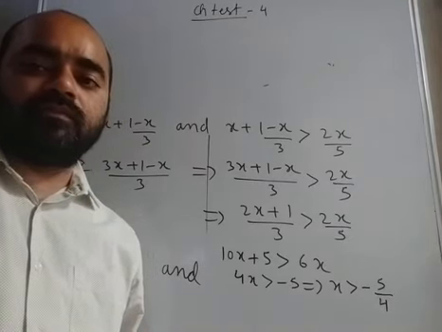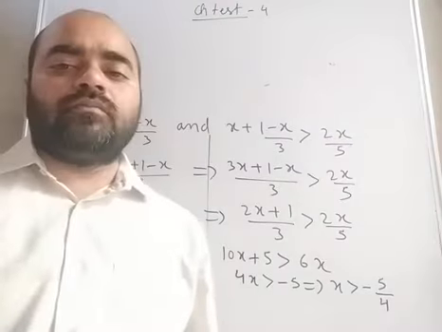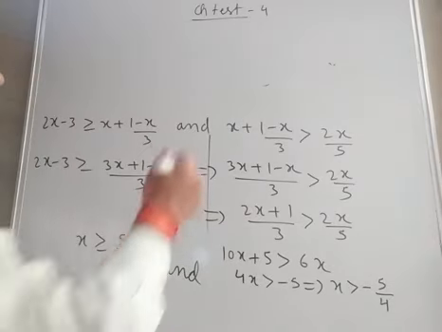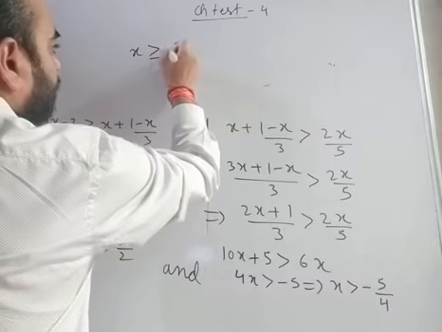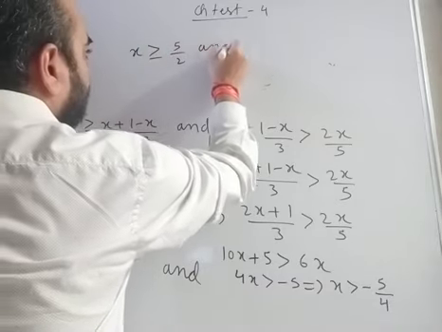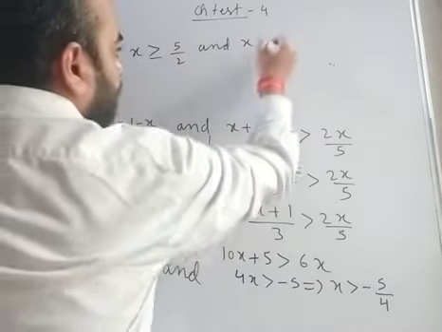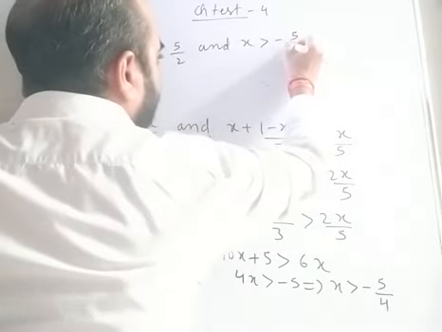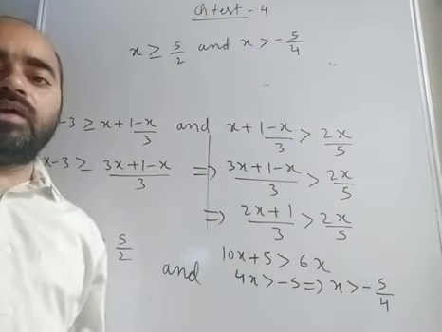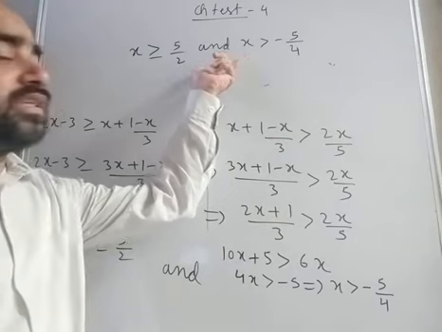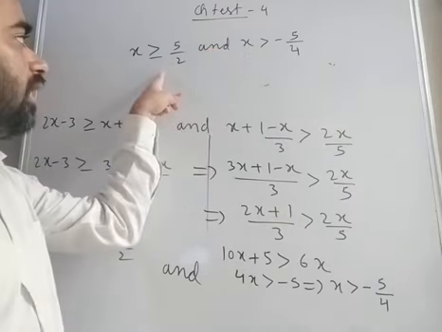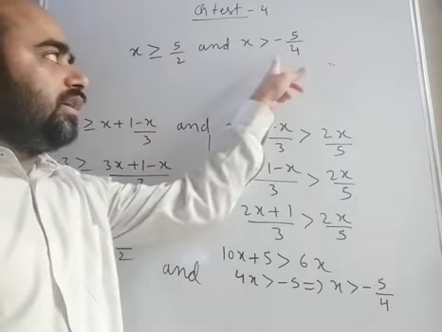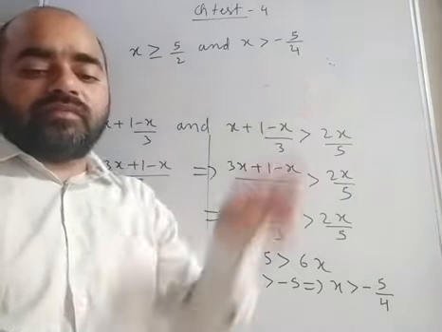We have to take all the values which will satisfy both the inequations: x is greater than or equal to 5 by 2 and x is greater than minus 5 by 4.